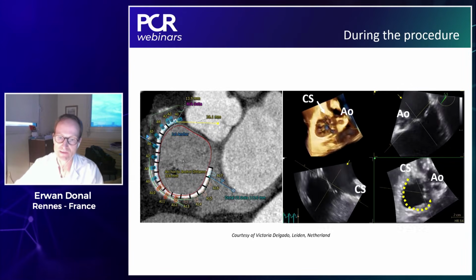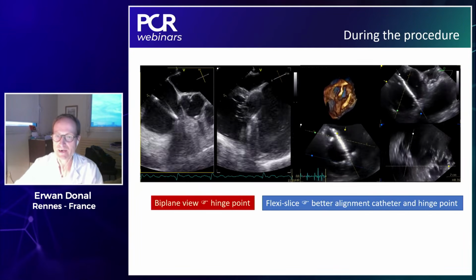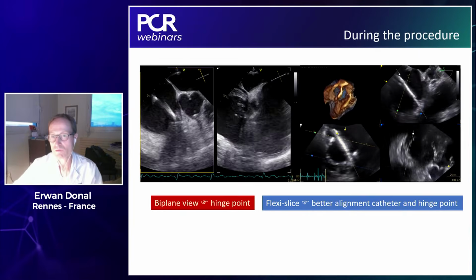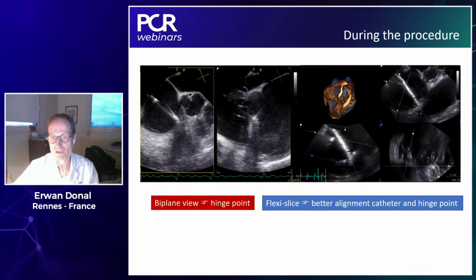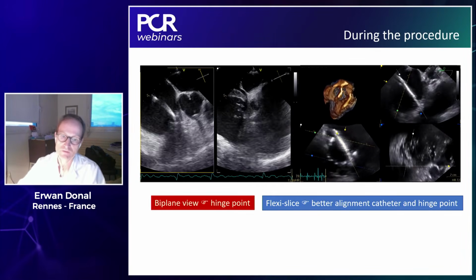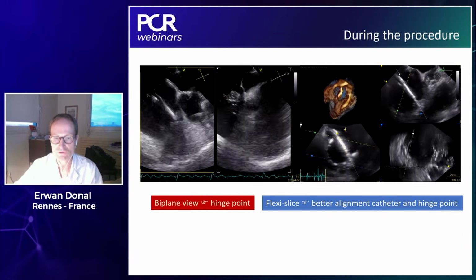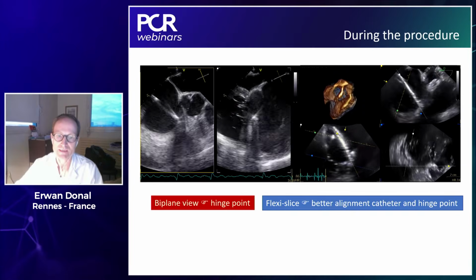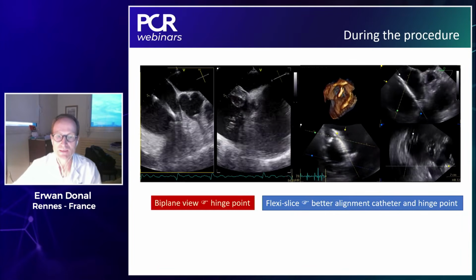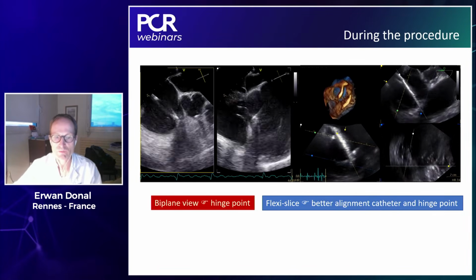And this is an example that I got from Victoria. And you see, this is a patient that has been treated first by clips, but there was not a perfect result after the implantation of the clips. And then Victoria's team decided to implant a cardioband. And as you see in this example, it's much easier to see the hinge point using the biplane mode.